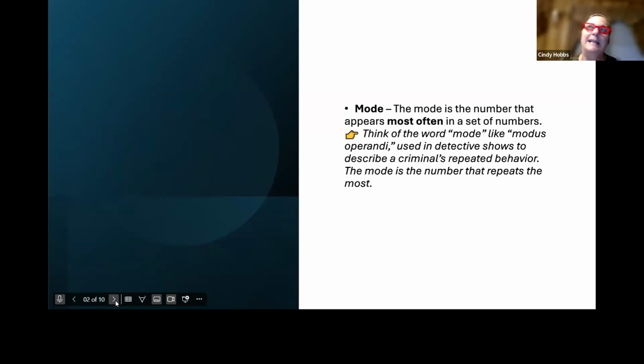And why do we need mode? Believe it or not, they use it in retail, especially when they're deciding the price of things. You may go to a theme park and see a lot of things for the cost of $9.99. They have found that people are willing to spend $9.99 most often.